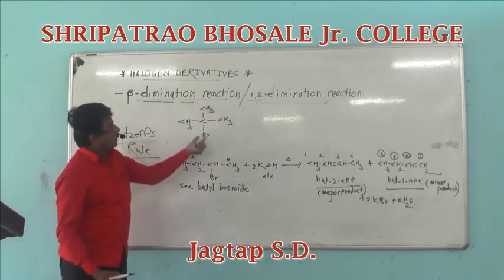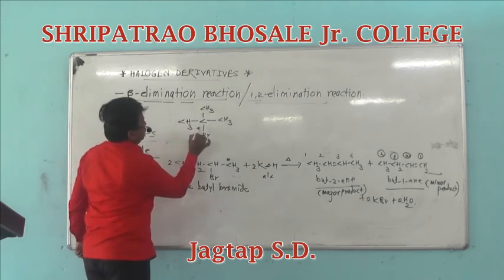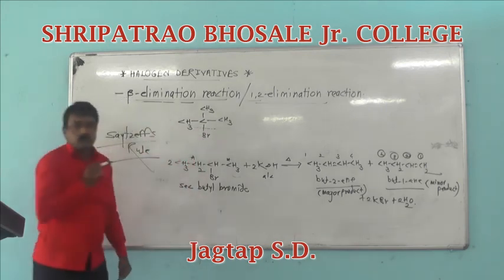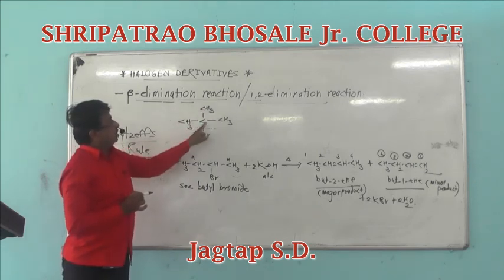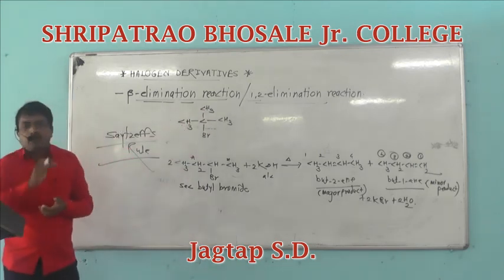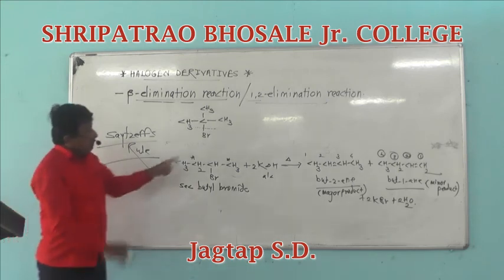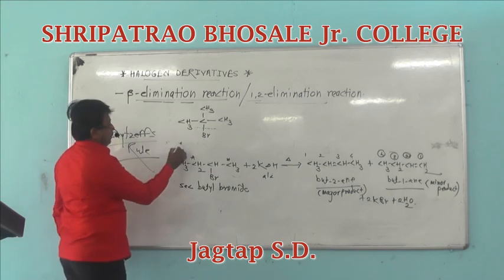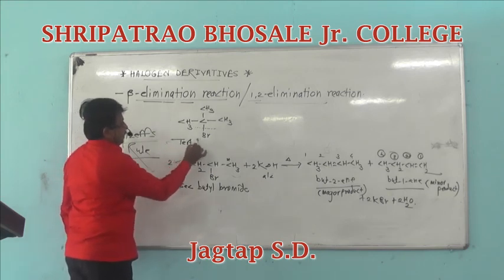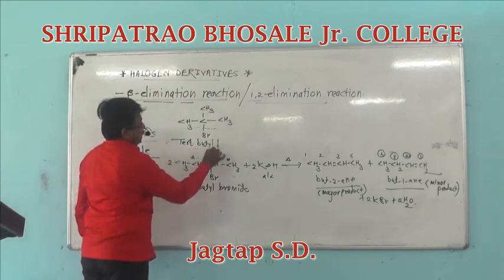Here halogen atom, here bromine atom is directly attached to tertiary butyl group. Total number of carbon 1, 2, 3, 4. Therefore, it is corresponding to butyl. But here, bromine atom is attached to tertiary carbon atom. Therefore, the prefix tertiary is used. Tertiary butyl bromide.